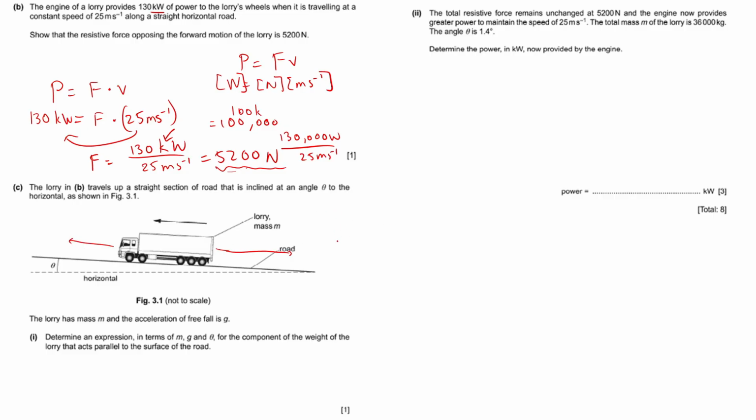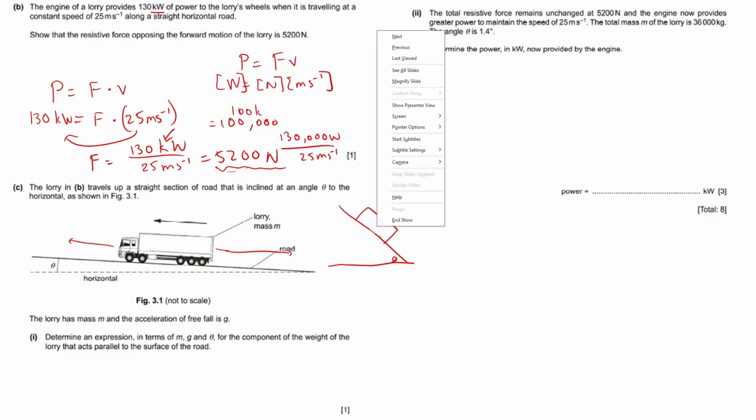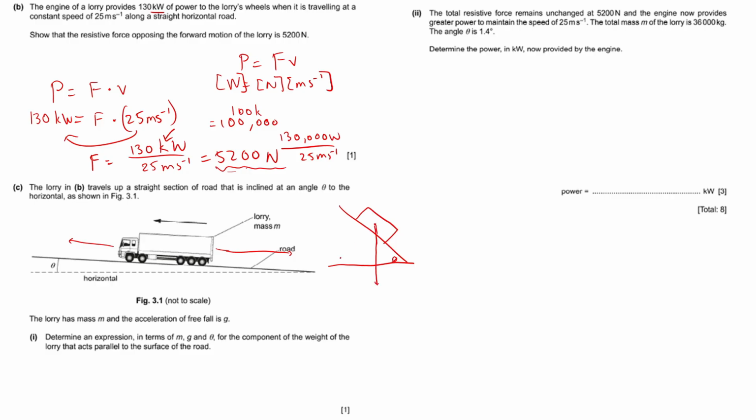So if we have an object, in this case it's going to be the truck, right? It's going to be at an angle. I'm going to make the angle a little bit large so that the difference is actually visible, right? So this is going to be mg, right? And then these two are angles.